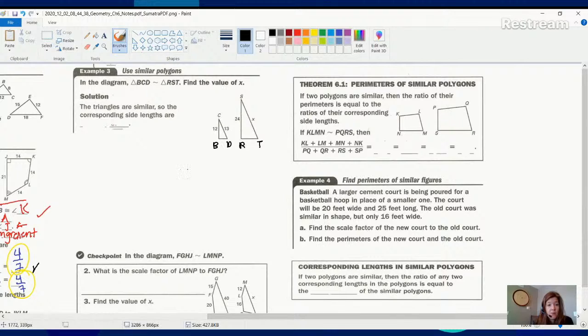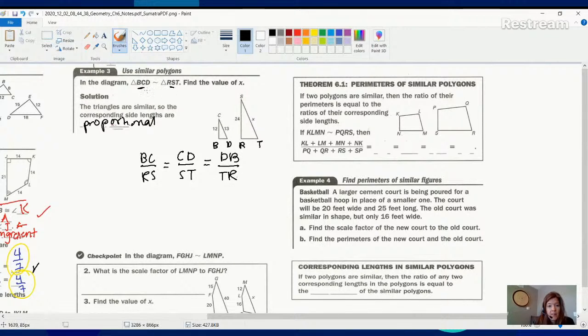All right, so since you know the triangles are similar, you know then that the corresponding side lengths have to be proportional, right? So in that case, I know then that BC over RS has to equal CD over ST. And then if I keep going, that has to equal DB over TR, right?